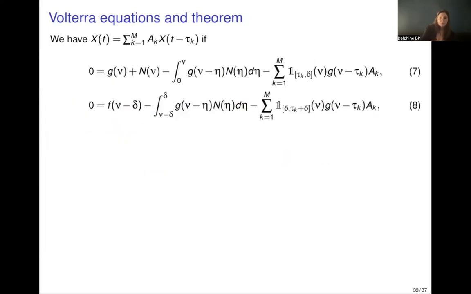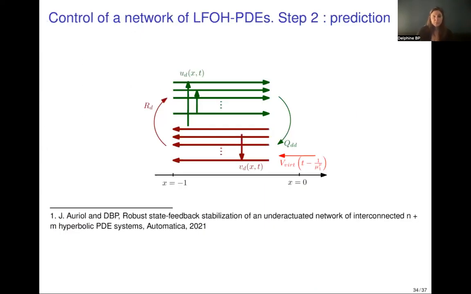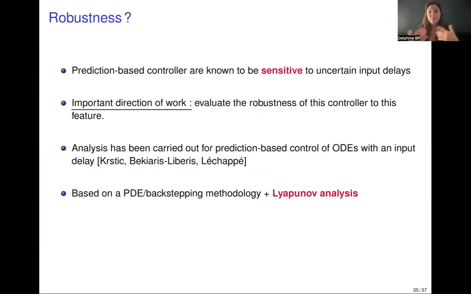And basically we had a nominal controller that was working, that was able to stabilize the entire network of hyperbolic PDEs. But this problem opens new questions, because we know that prediction-based controllers are sensitive to input delays, to uncertainties on the input delays. So we wanted to evaluate the robustness of this controller.